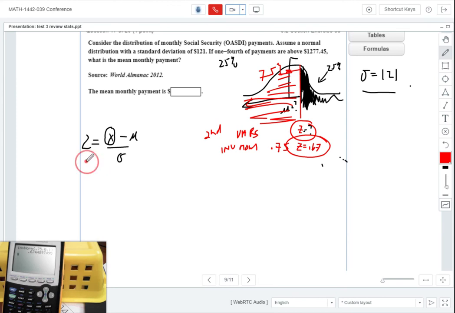In other words, in the formula here, we have 0.67 equals X. That's what we're looking for. Sorry, we're not looking for X. We're looking for the mean. Wait a minute.